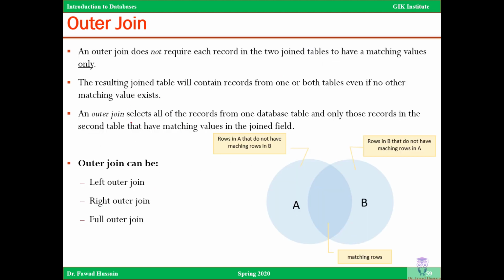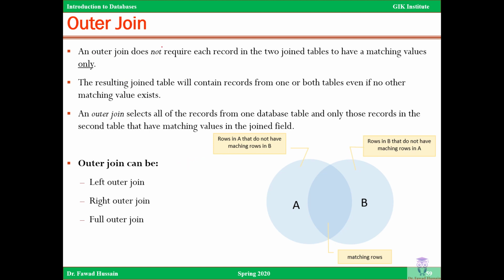So in general, the outer join includes rows that may not have a matching partner in the other table. This is in contrast with the inner join, where only those rows which have a common value in both the tables are included.